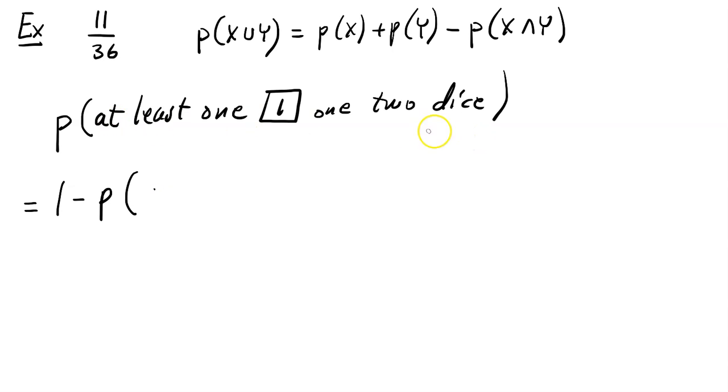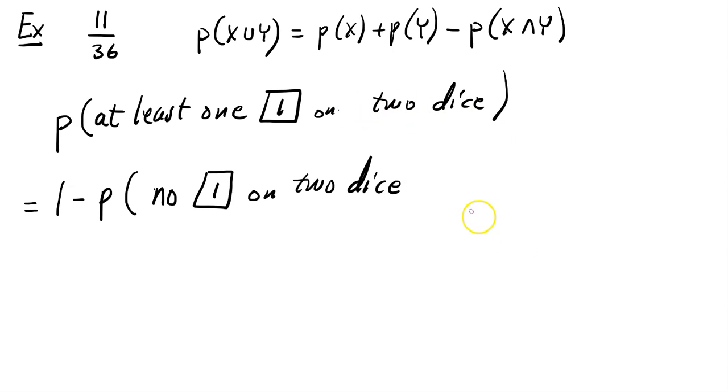And what is the opposite of getting at least one 1 on 2 dice? That means getting no 1 on 2 dice. Okay, so this here is the complementary event of that one.